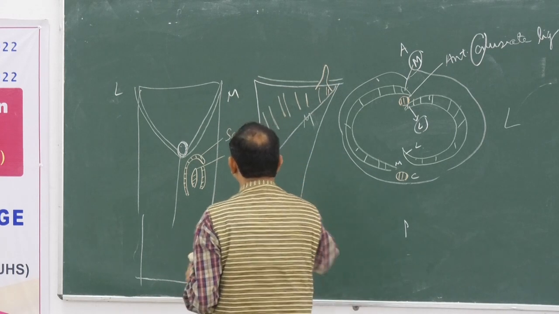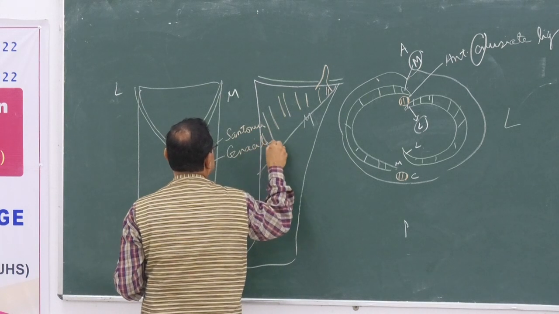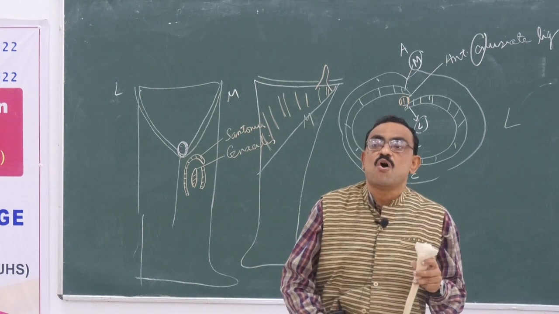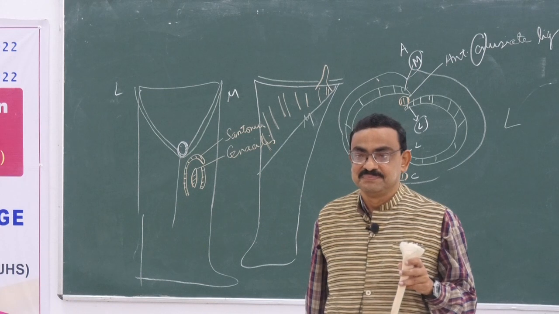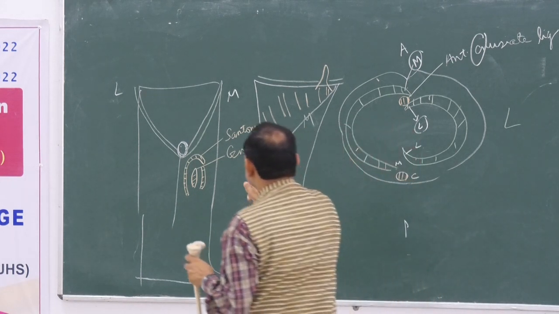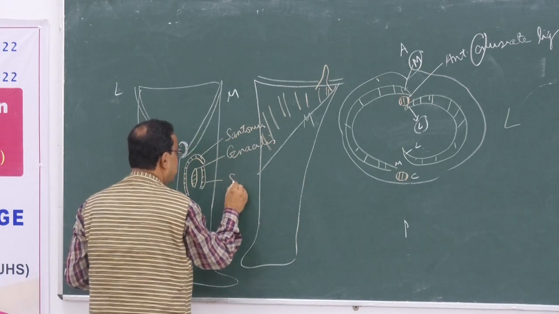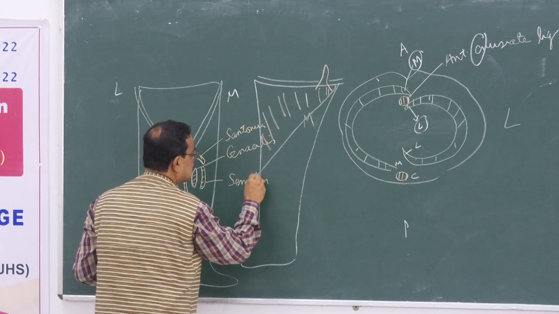This is the gracilis muscle. And another muscle which takes origin from the ischial tuberosity is attached here. It is tendon-like for half of the muscle, and it is called semitendinosus.